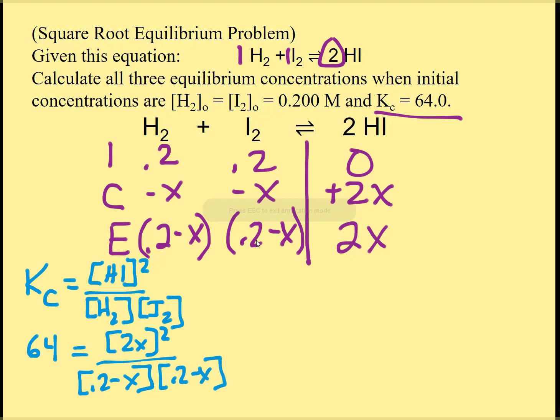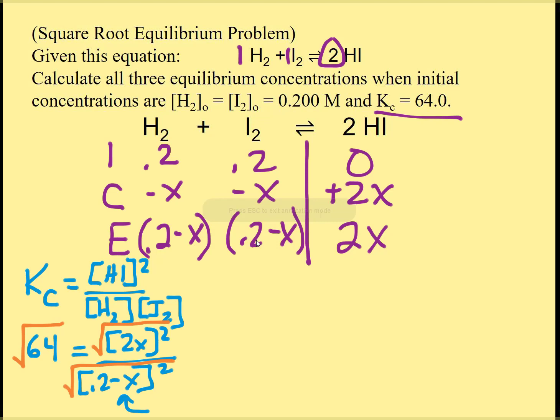All right. So if you look at this, I have everything. I'm going to go back to writing that as squared, just so you can see that I have squares all around. So this is a way to get rid of the minus x, to avoid doing the quadratic formula. And so what I'm going to do is take the square root of everything. So I'm going to square root the top, and I'll square root the bottom here.